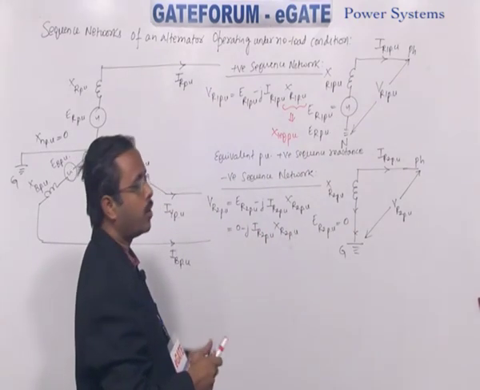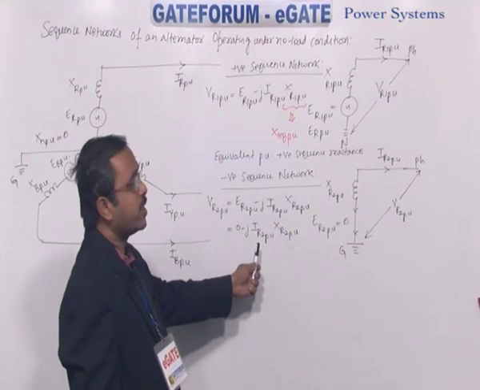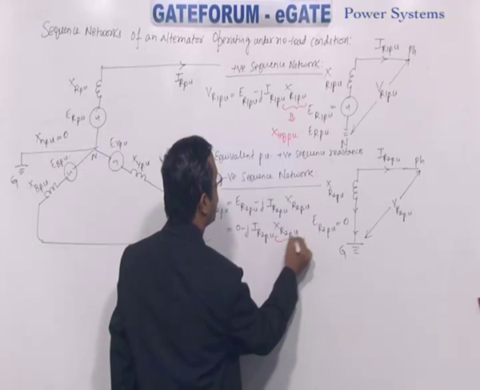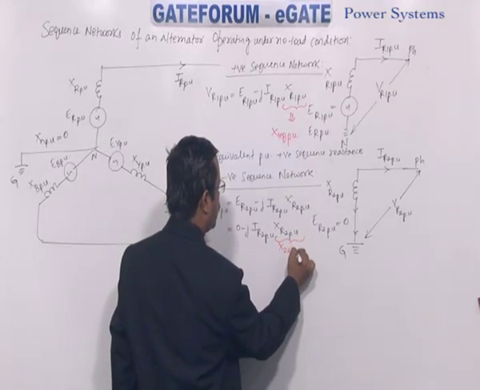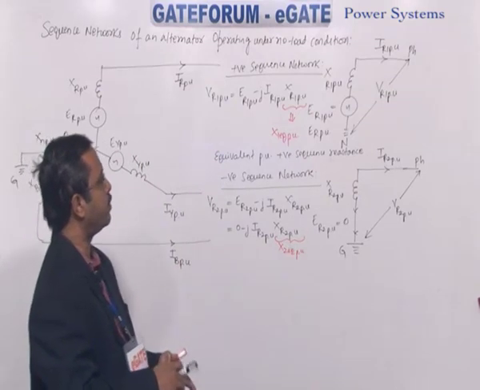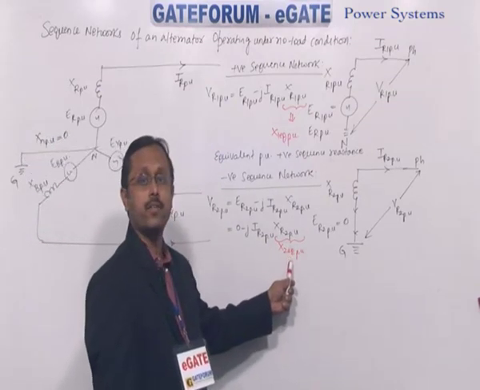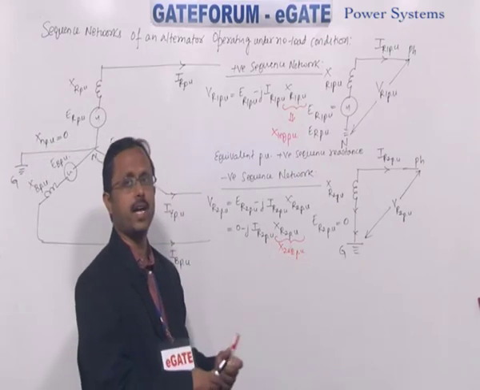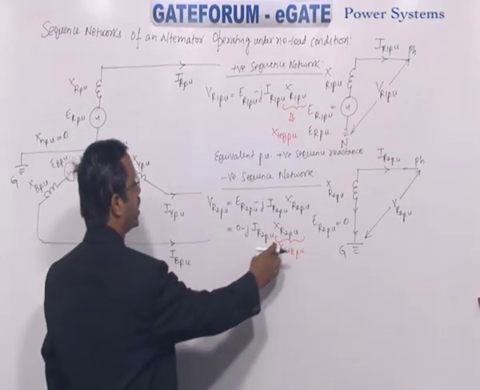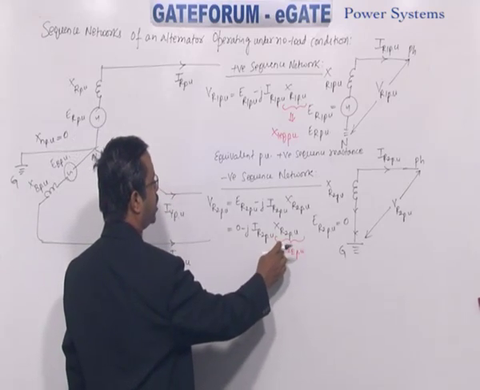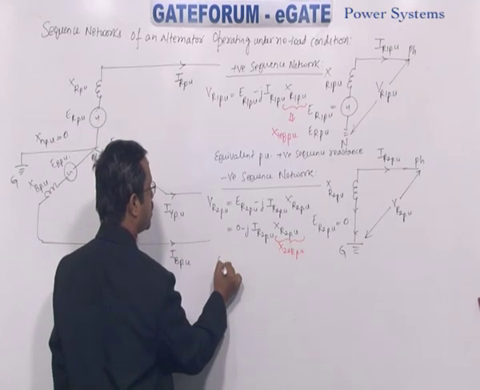What is this opposition to flow of negative sequence current? You name it as X2 equivalent per unit. What is this X2 equivalent per unit? The equivalent per unit negative sequence reactance.